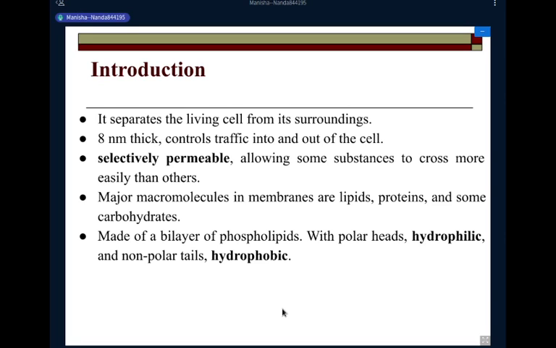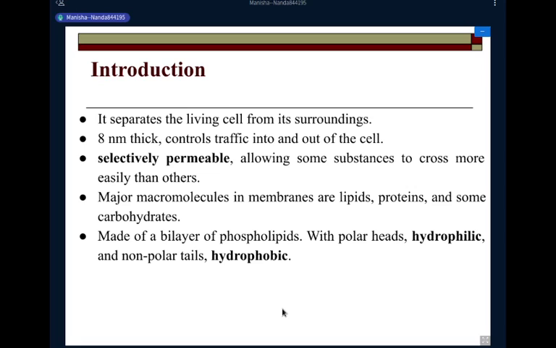Once you learn about its structure and function, you'll see it is protective, but at the same time, it is very active in communication between the cell interior and its external environment. And it is all because of the very beautiful and special structure of the membrane, the distribution of the different components that we'll learn about.